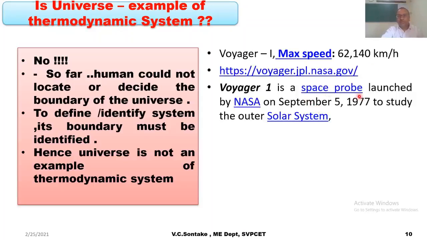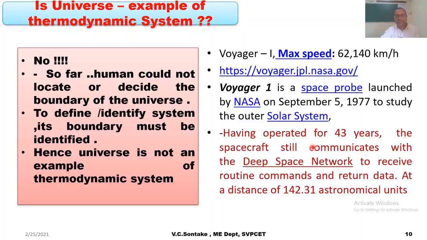Voyager 1 is a space probe launched by NASA on September 5, 1977 to study the outer solar system. Having operated for 43 years, the spacecraft still communicates with the Deep Space Network to receive routine commands and return data at a distance of 142.31 astronomical units.